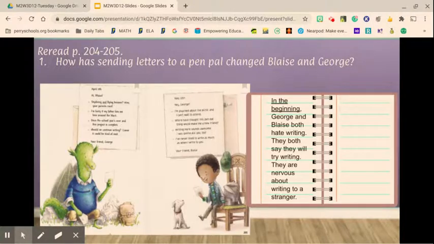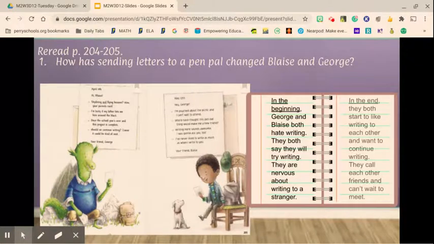So when I'm writing my answer out, I want to say, in the beginning, George and Blaze both hate writing. They both say they will try writing, and they are nervous about writing to a stranger. Now, to show how they've changed, I'm going to say, in the end, they both start to like writing to each other and want to continue writing. They call each other friends, and they want to meet.